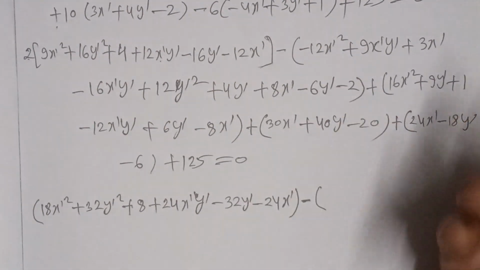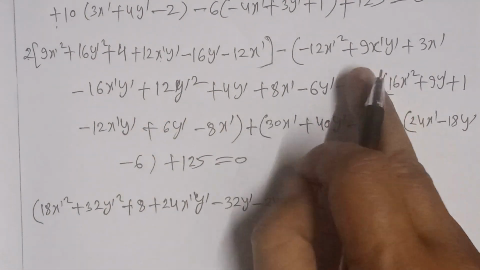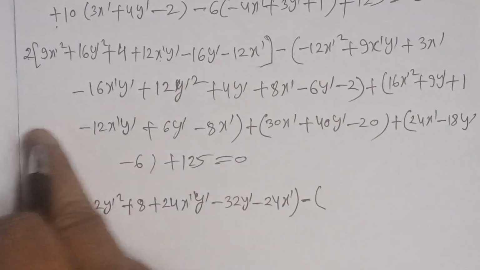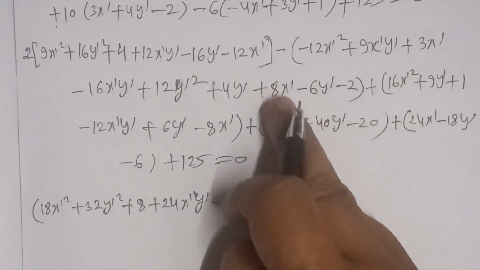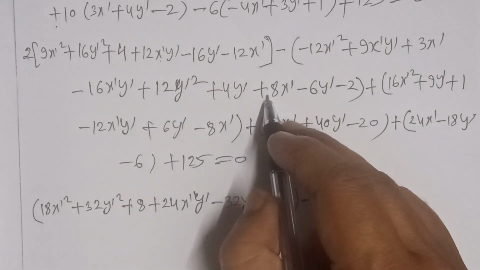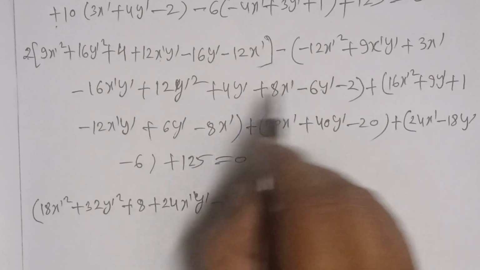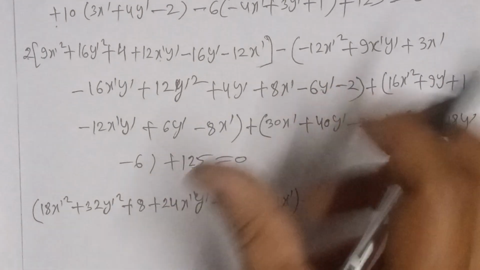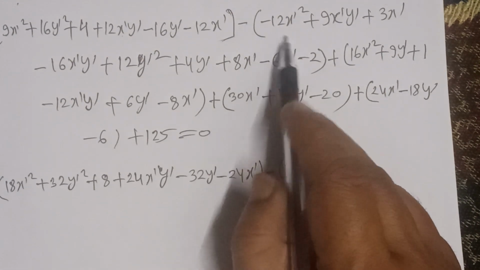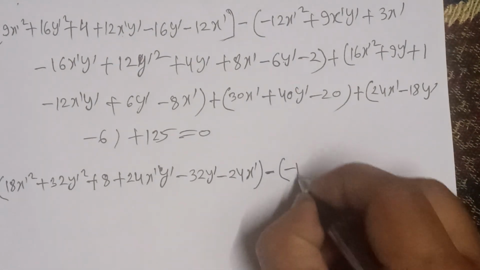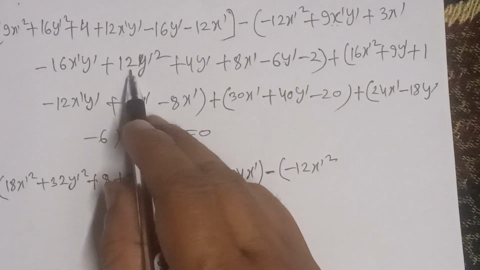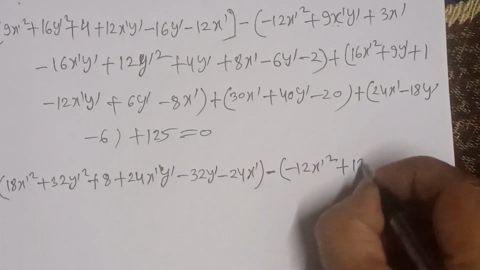So I first solve the coefficient of x', because there are two like terms of x', y', and also like terms x' present here and y' also present here. So I collect the coefficient of these terms. Here only one term is x square, minus 12x' square and y' square. So I write first these two terms.